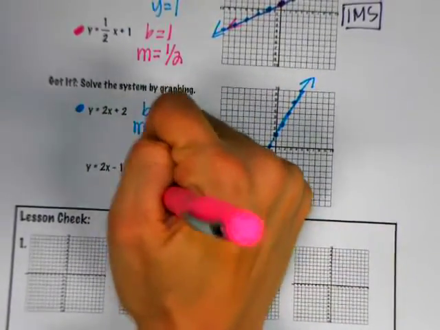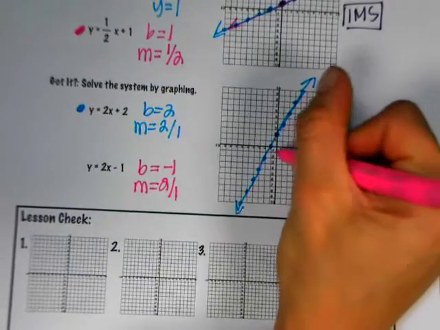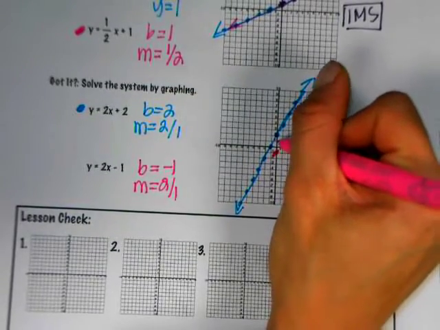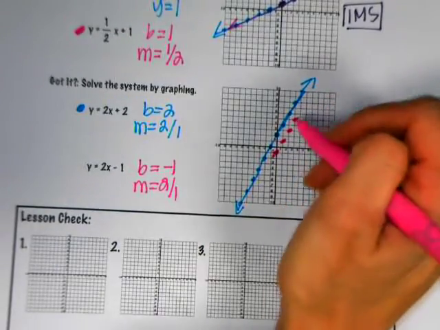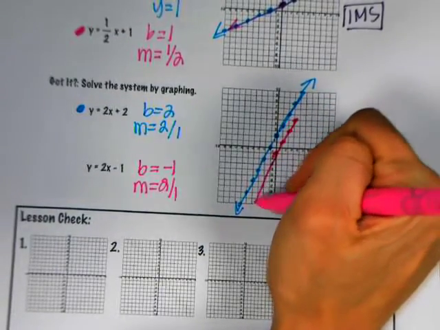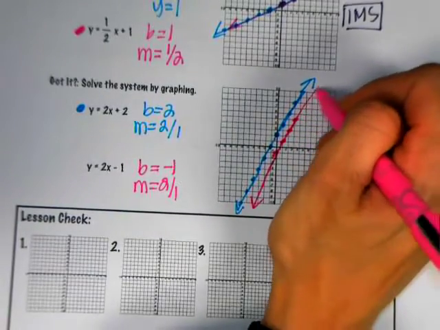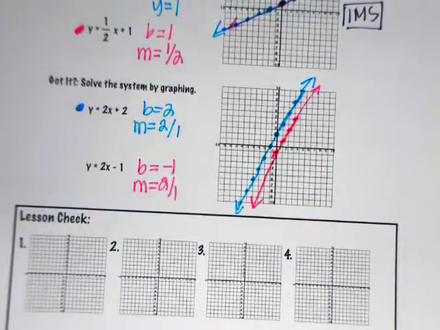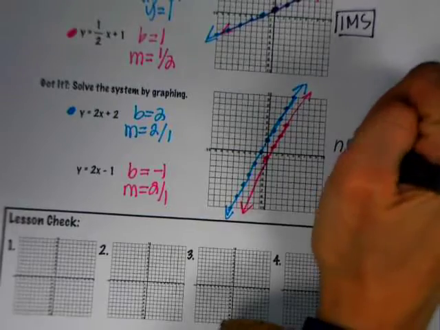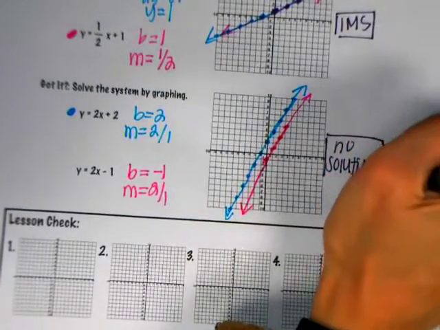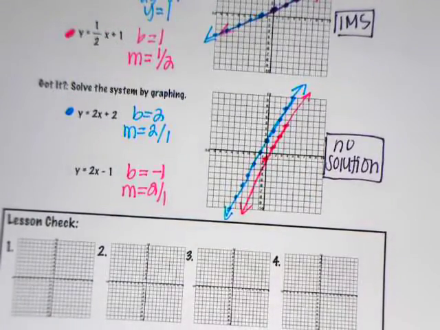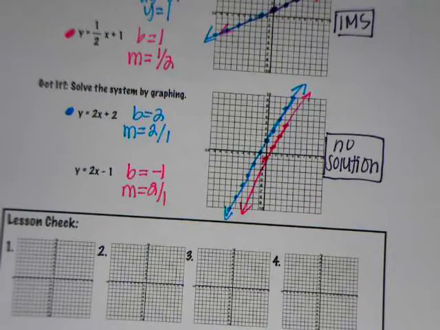Negative 1, and my slope? So what do we have? No solution. Yep, because these are what kind of lines? Parallel lines, yeah. All right. Good. Do we have any questions about that at all?